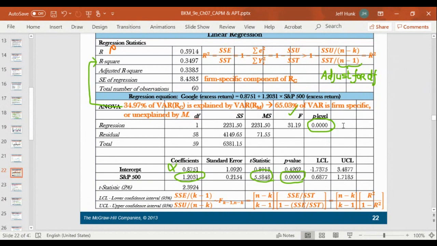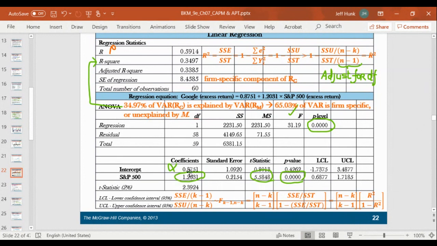The estimates from this overall estimation are statistically significant, right? And now let me get to the individual variables, right? The estimates obtained from this regression for individual variables.